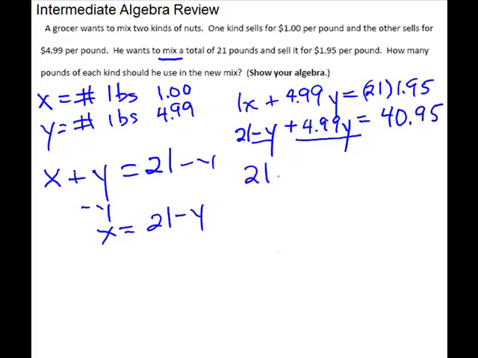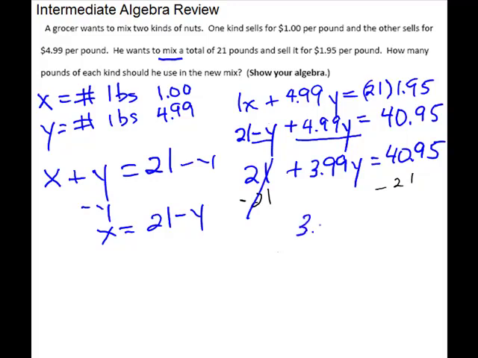So we have 21 plus 3.99Y equals 40.95. Subtract the 21 from both sides. This is gone. So we have 3.99Y equals 19.95.